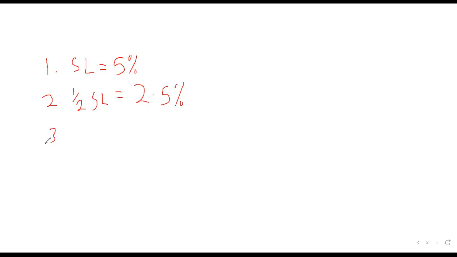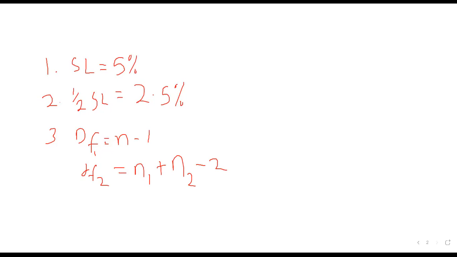Step 3, if it's 1 sample, we're going to do what? Degrees of freedom: we subtract 1, n minus 1. If it's 2 samples, what do we do? n1 plus n2 minus 2. So what was our n1? Is that 6?